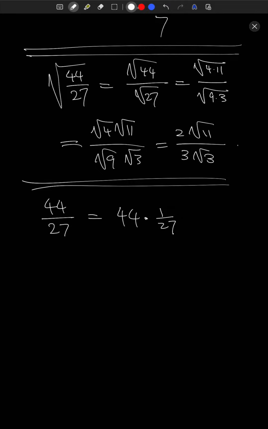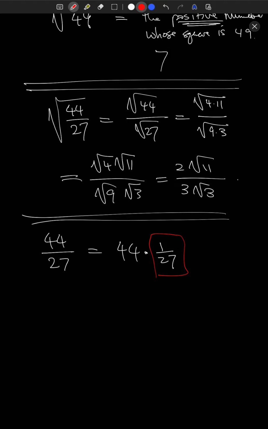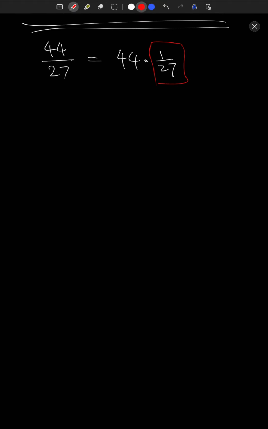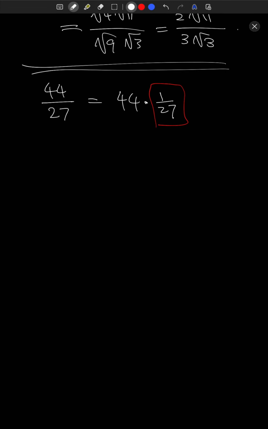Well, you might say that's BS because what you just have here, right, is 1 over 27. Isn't that division? Well, technically, in the most mathematical sense, 1 over 27 is not division. 1 over 27 is the number that, when multiplied with 27, gives you 1.